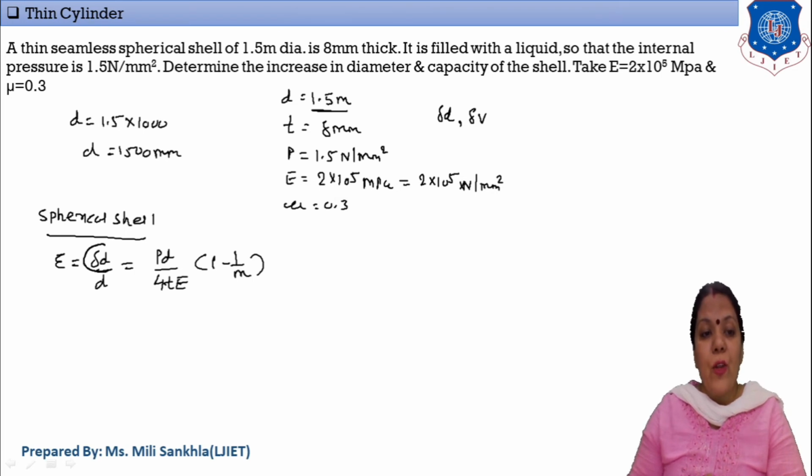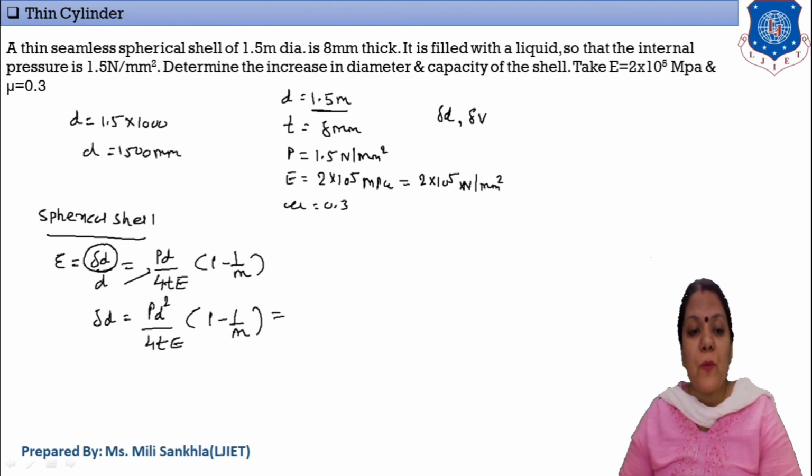Here we find the value of del D. So make it the subject: del D is equal to, cross multiply this term, PD square by 4TE into (1 minus 1 by m). Simply again substitute the given values here. P is given 1.5, diameter D we converted into mm, 4, thickness T is given 8, and Young's modulus is equal to 2 into 10⁵, and 1 minus 0.3.